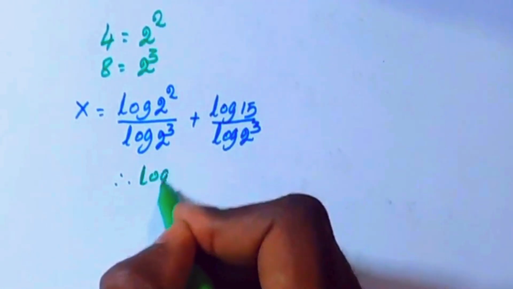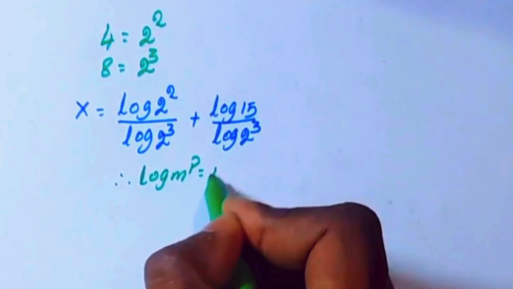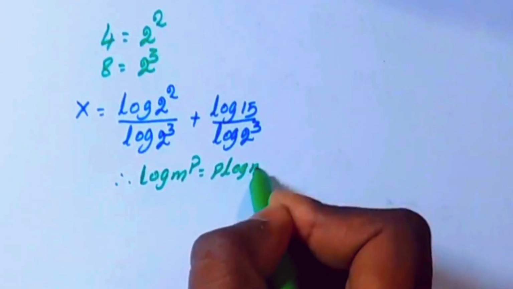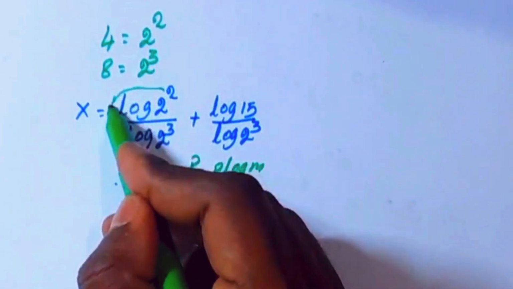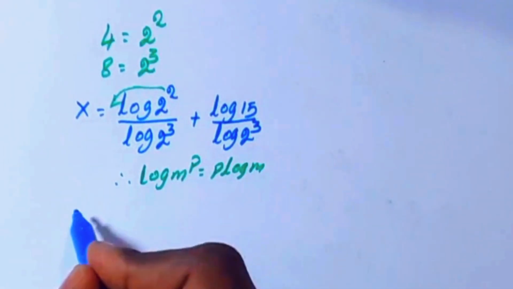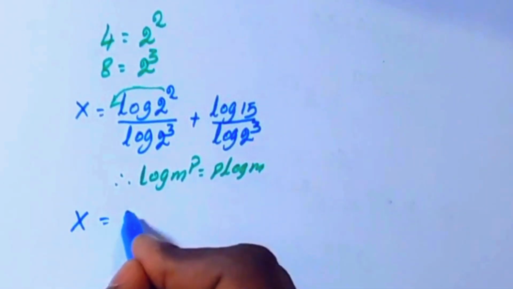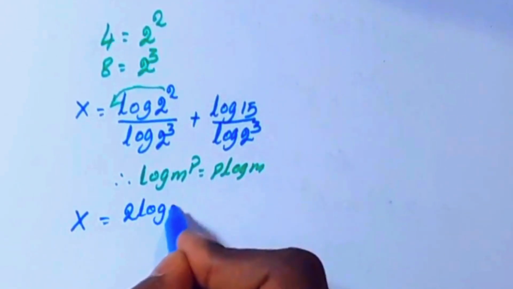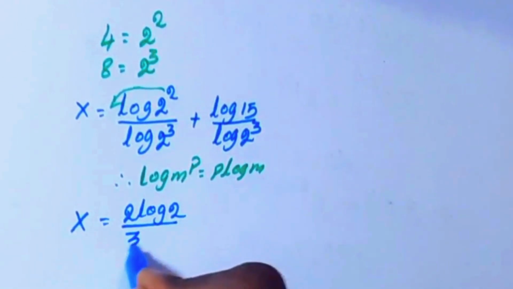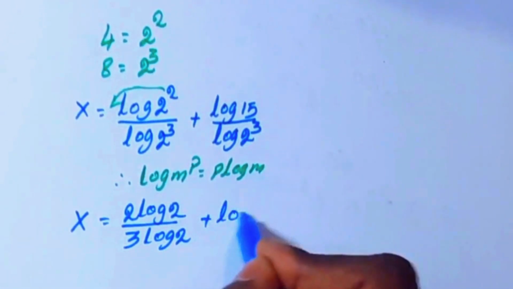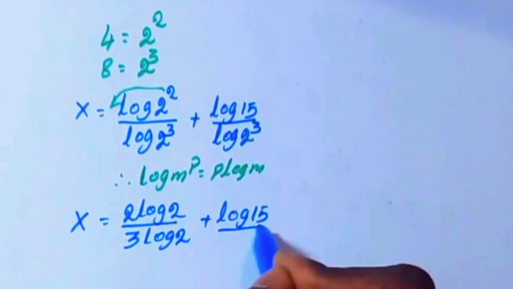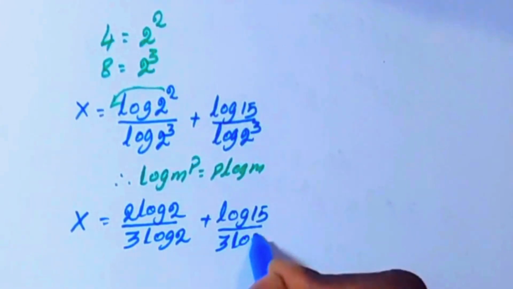That is log m power p equal to p log m. We are going to implement this here. So this 2 will come here. So x equal to 2 log 2 by 3 log 2 plus log 15 by 3 log 2.